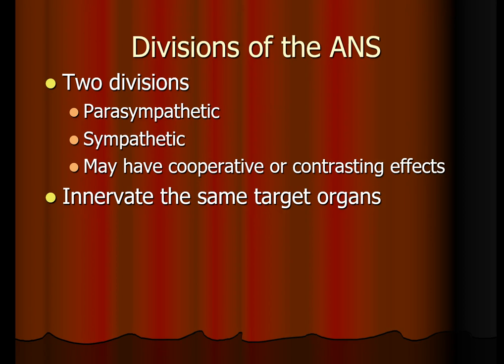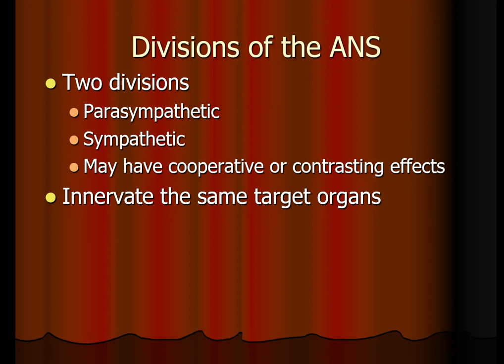And when they do that, kind of like when we talked about resting membrane potentials, the equilibrium, where the sodium that's leaving equals the potassium going out. Well, sometimes these same target organs have a balance between the signals they're getting from the sympathetic nervous system and the signals they're getting from the parasympathetic nervous system, and they're getting a little bit all the time.